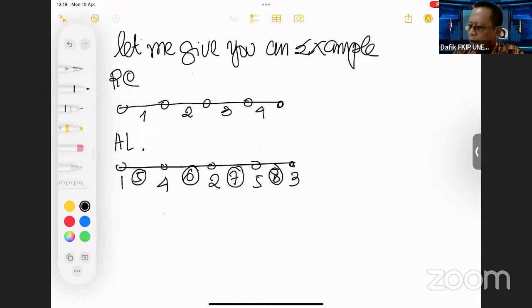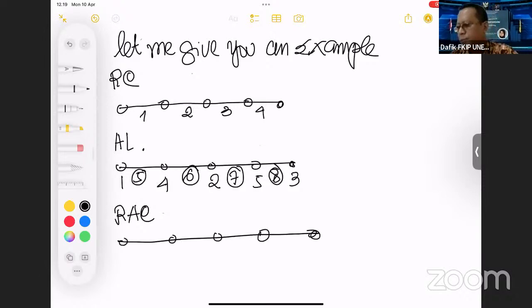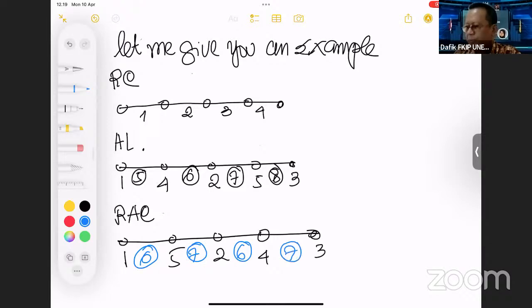Now, what about rainbow antimagic labeling? For rainbow antimagic labeling, we can have 1, 2, 3, 4, 5. For example, here we have 6, 7.